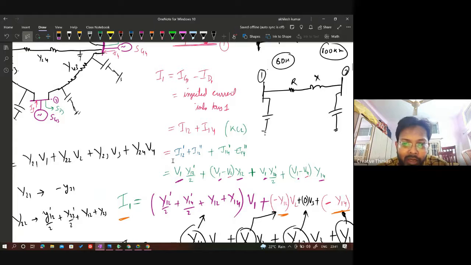Now taking V1, V2, V3 all common. V1 is coming here, here, and here, so taking V1 common I get Y12 dash by 2, Y14 dash by 2, Y12, Y14, into V1.